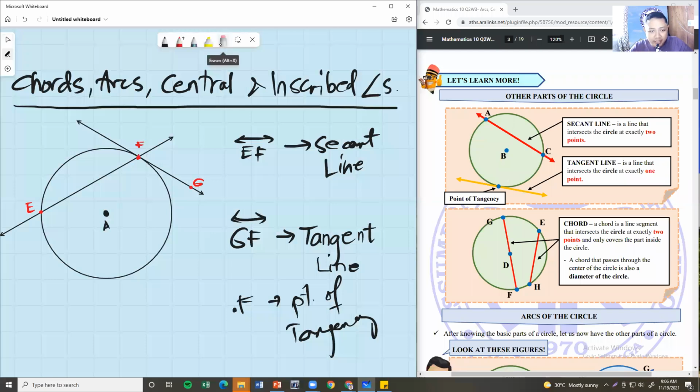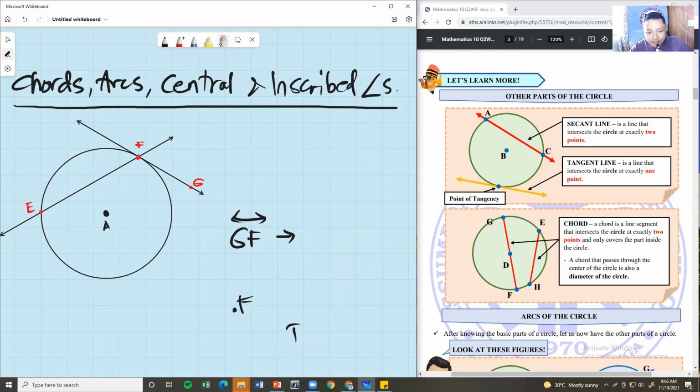Okay. So I guess everything is clear about those things. Let's now move on with this one. If these are secant and tangent, what about this? What if this is point L, this is point M, and this is point X?